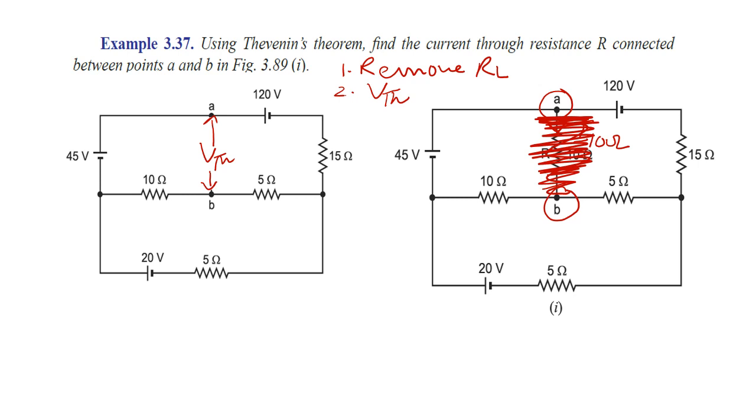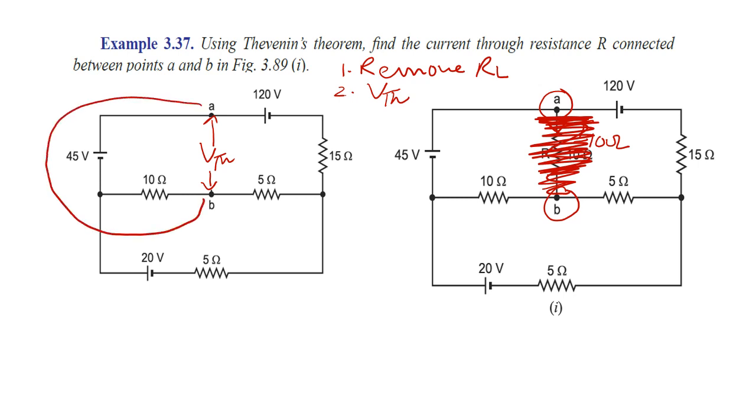by using any rule, by using the superposition theorem, the mesh method, KCL or KVL, by using any method. You have to find the value of the Thevenin voltage between point A and point B. So basically, if I go to the circuit, this voltage is coming from here to here.